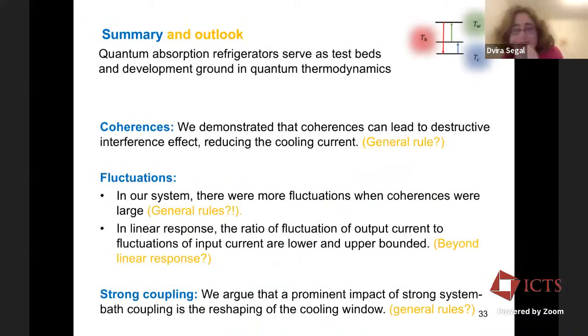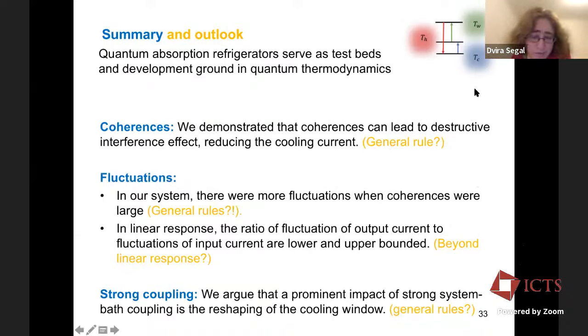So with that, I would like to summarize. We are using quantum absorption refrigerators as a test bed to analyze different aspects in quantum thermodynamics. And here, for coherences, we demonstrated a destructive effect. Of course, it's not a general rule. It's model dependent.